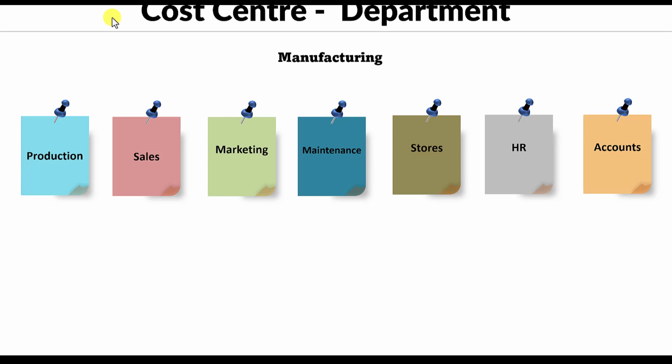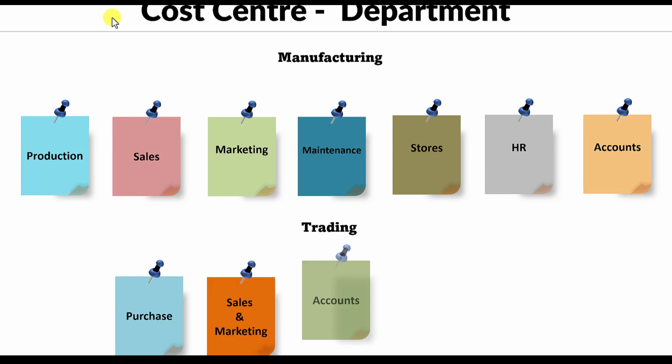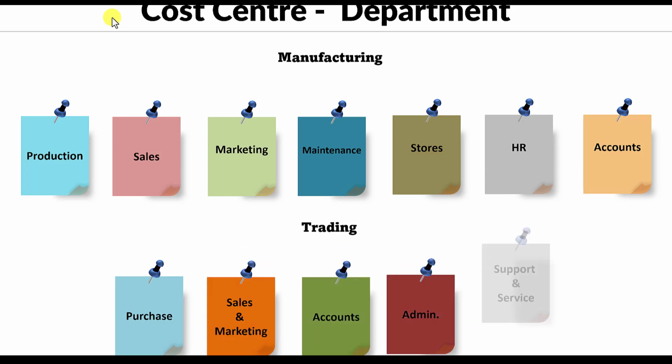Now if we consider a trading organization, following could be the examples. Purchase department, sales and marketing, accounts, admin, support and services and any other departments. These examples are indicative and the organizations can have any number of departments to track.